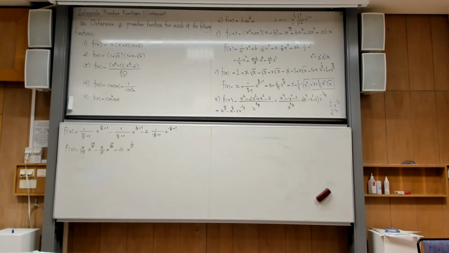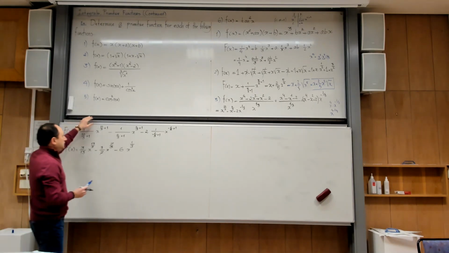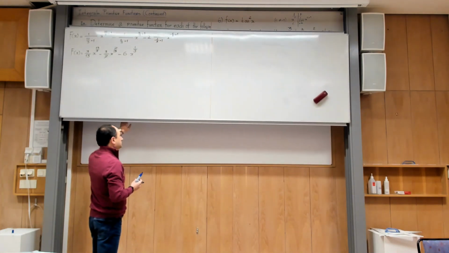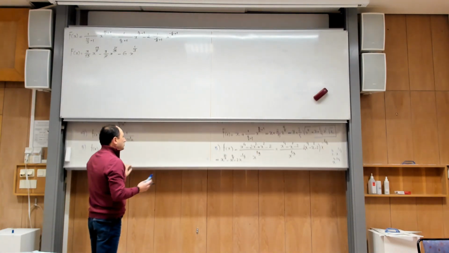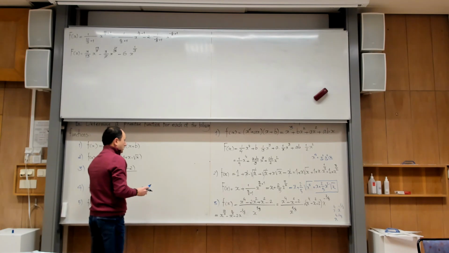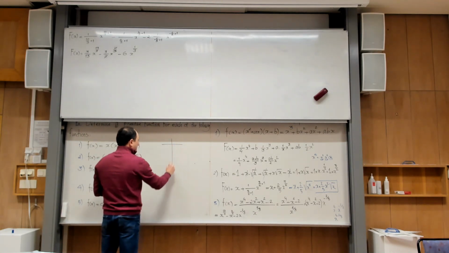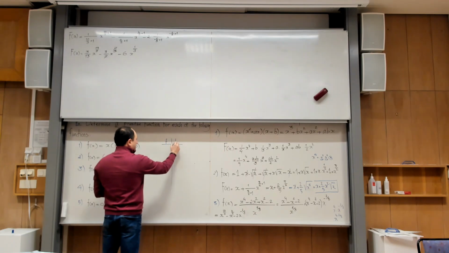Okay, but now let us go to a little bit of trigonometry here. Let me write some of the formulas that we need here. So if you go and look at the table that we set up for primitive functions here, I have little f and capital F here.